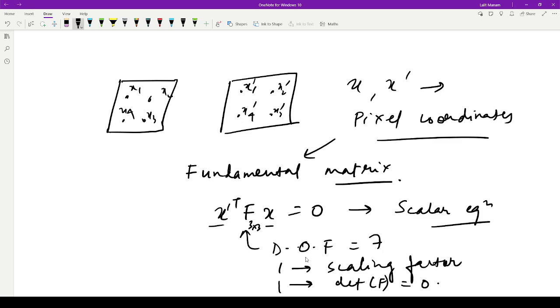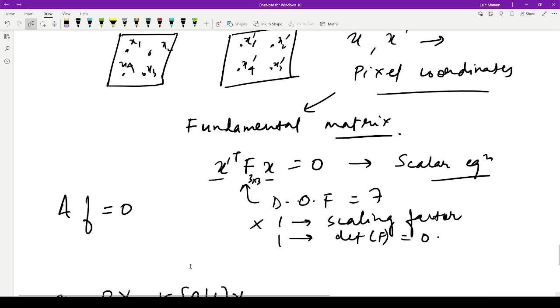Okay. So since the degrees of freedom is 7, you can compute with 7 points. But generally what we do is we don't take the scaling factor into consideration when you set up A f equals 0. So we did not consider the scaling factor explicitly.